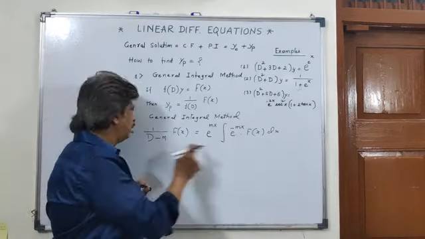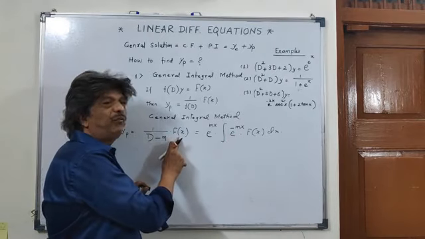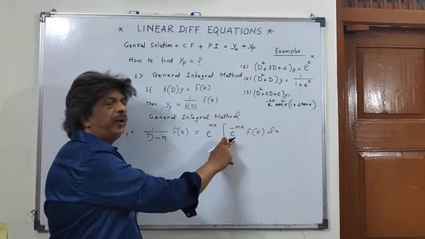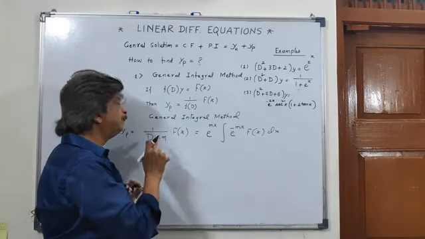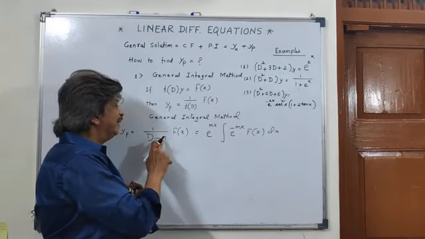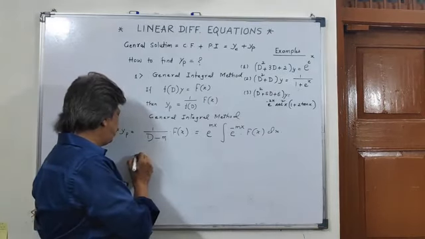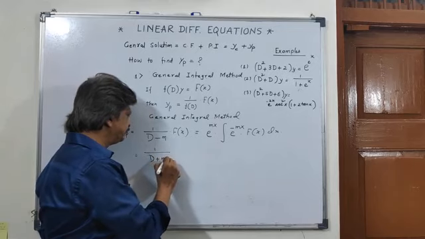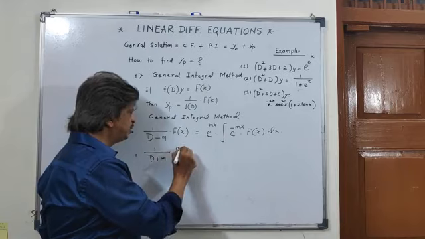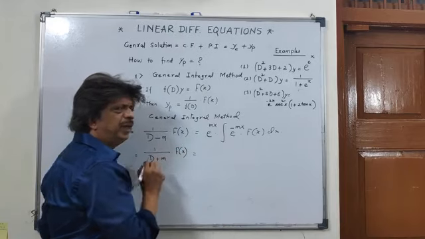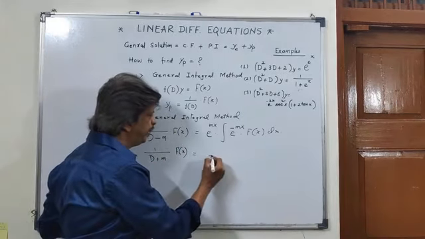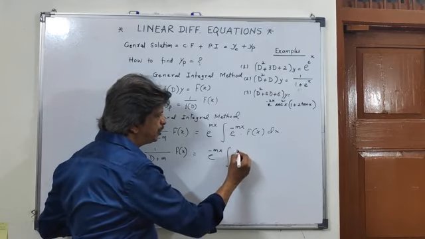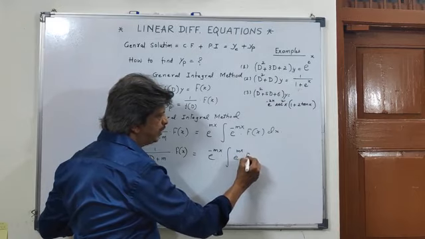So note this formula: 1 upon D minus m into f of x is e to the power plus mx into the integral of e to the power minus mx into f of x. If we replace this m by minus m, then 1 upon D plus m into f of x, similarly, is e raised to the power minus mx into the integral of e to the power plus mx into f of x dx.